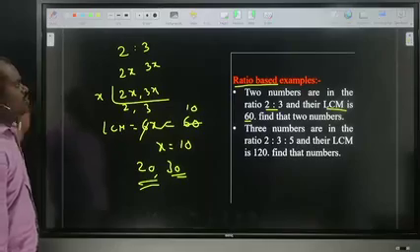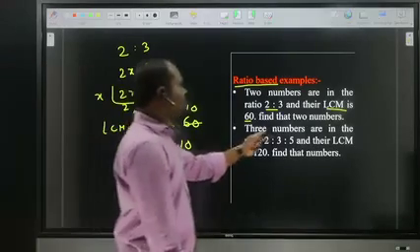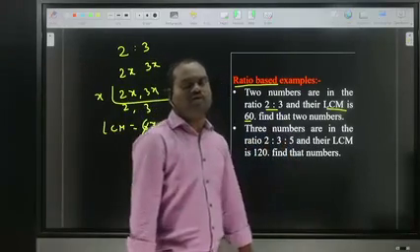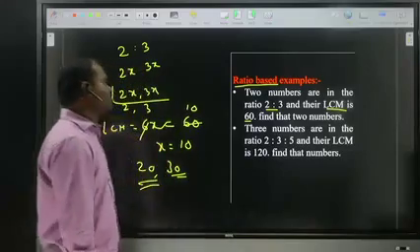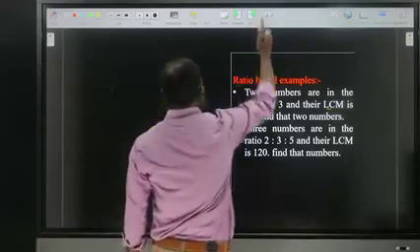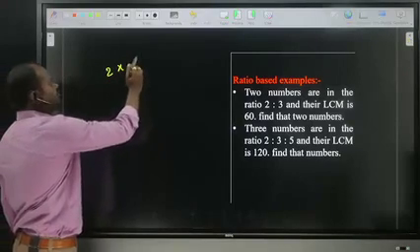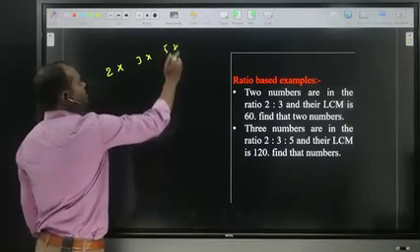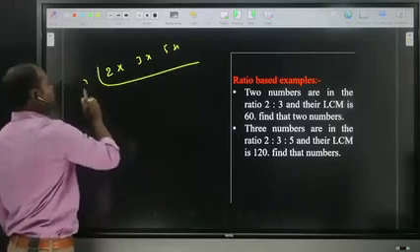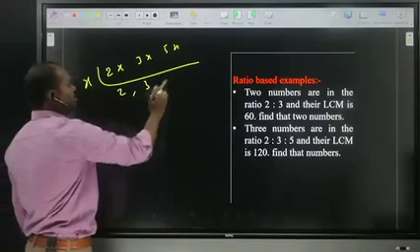Okay, now the same. Three numbers are in the ratio 2:3:5. Three numbers are given. Now we assume the numbers as 2x, 3x, 5x. In all of them x is common, then 2, 3, 5.